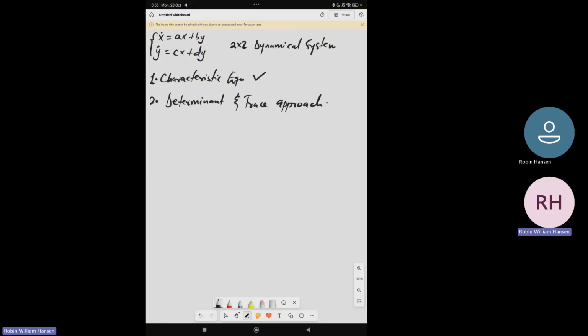Now, the first method is quite easy because at the end we would have our characteristic equation to be lambda squared minus the trace of A, if we have A as our matrix, times lambda plus the determinant of A is equal to our polynomial. This is a polynomial equation.